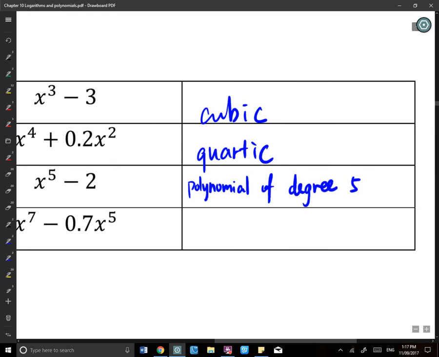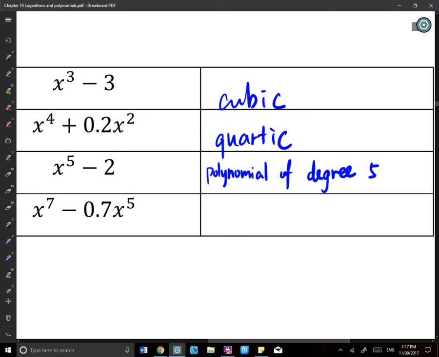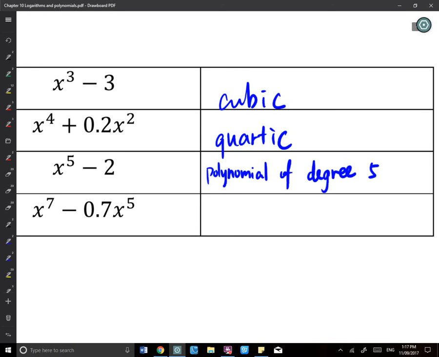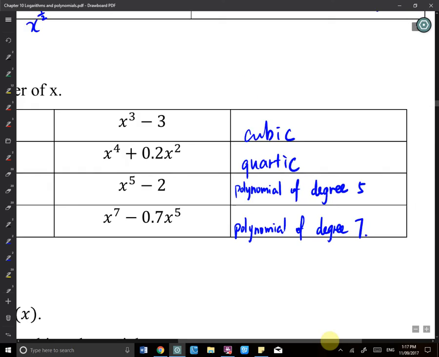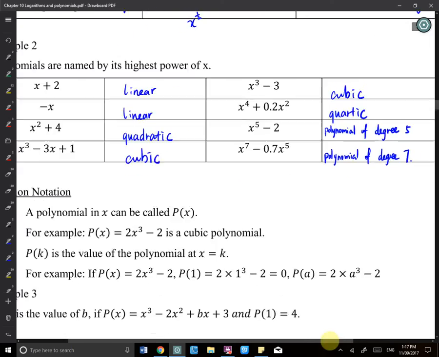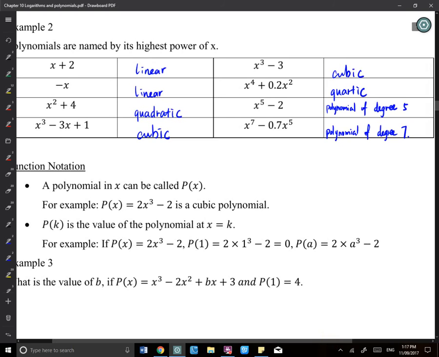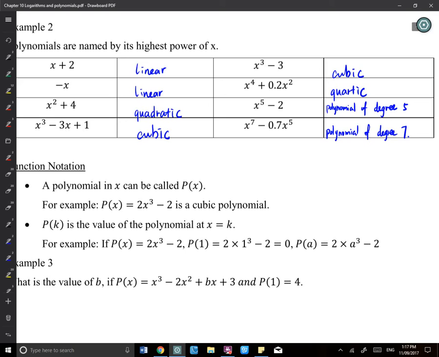And the next one, 7, is a polynomial of degree 7. So what we have is constant, linear, quadratic, cubic, quartic, and polynomial of degree 5, degree 6, and so on. Okay, so that's the naming of polynomials.